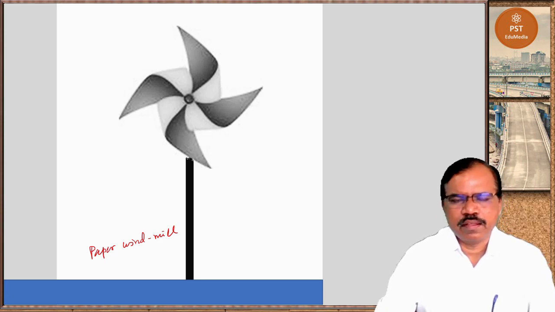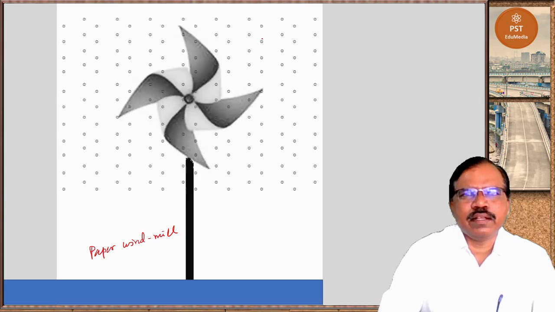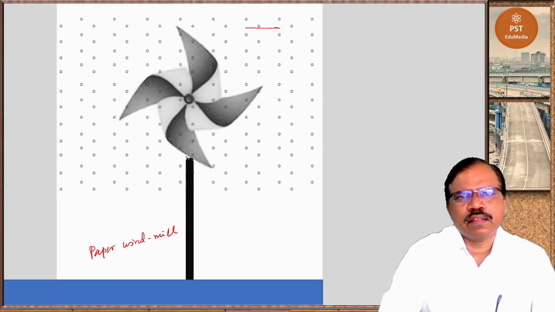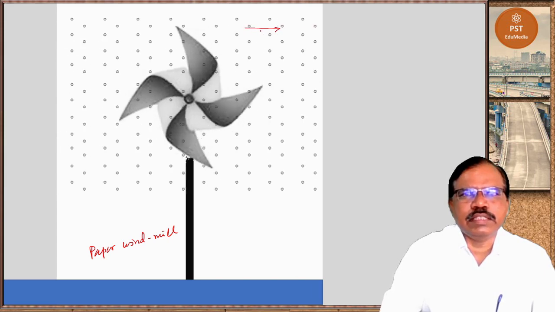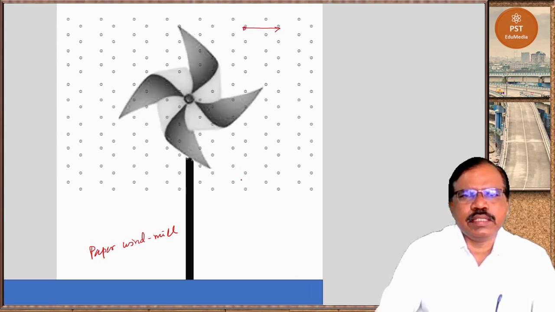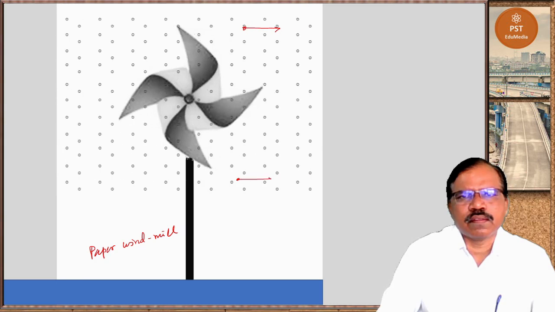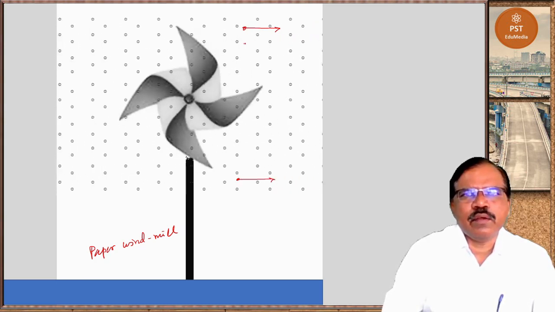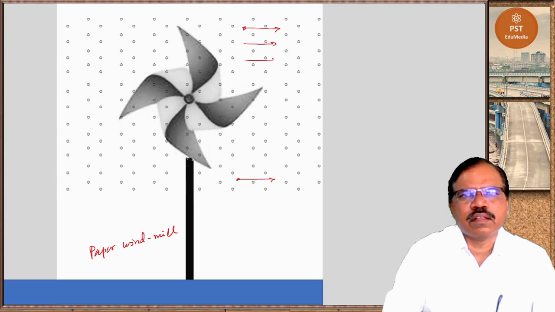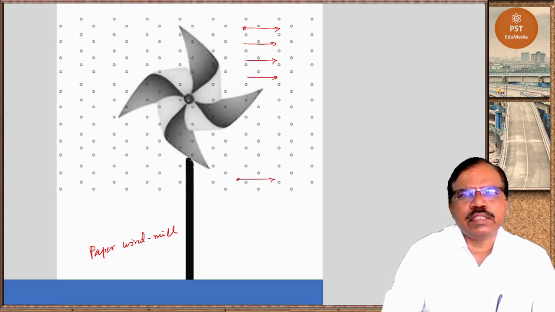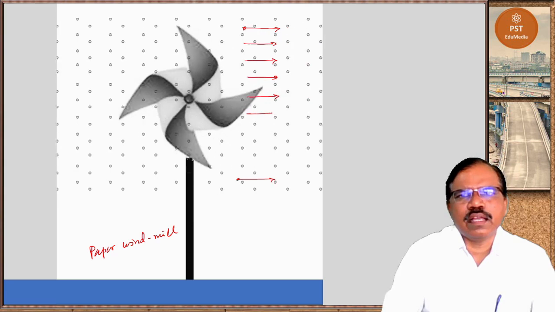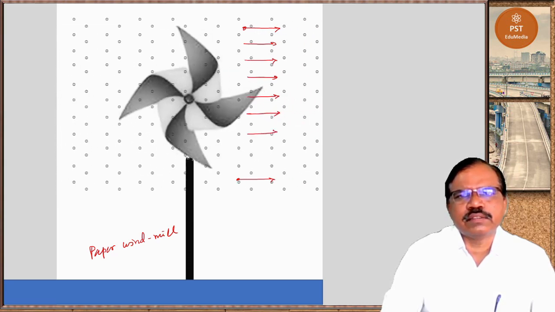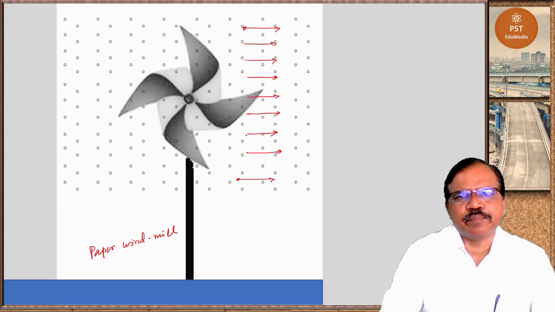You might have played with this paper windmill, and if we take airflow, now if we take this point and suppose we take this point, you will observe that everywhere the velocity of the air particles is the same.